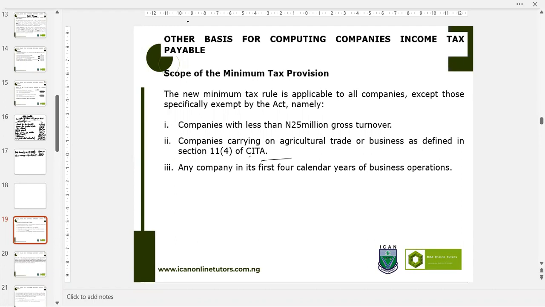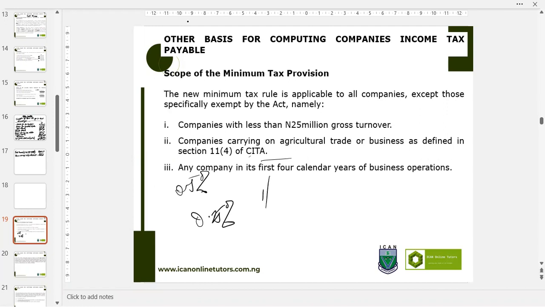So instead of 0.5%, what they are giving is 0.25%. So that is, this 0.5% was reduced by 50%.